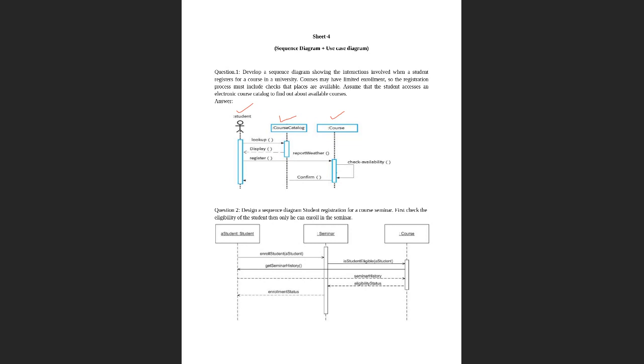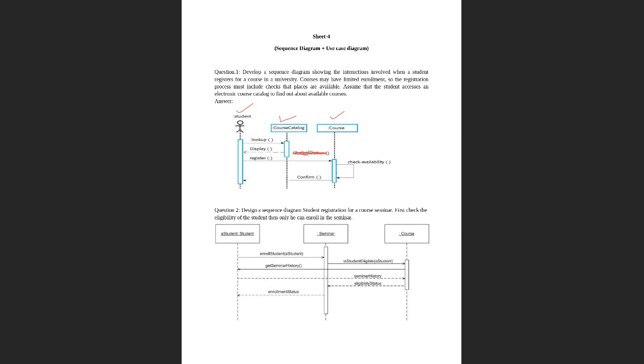Now, after seeing the courses, the student thinks, I have so many courses, I will register for the software engineering course or programming course, like that. He is registering, so he is sending a message to the course. Now please see that this is waste. Please cut it down. This is not there. This is just to confuse you. So now the student is registering with the course.